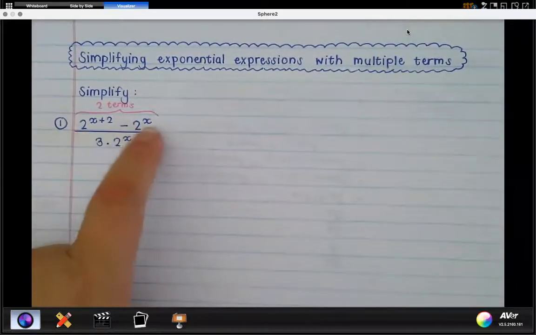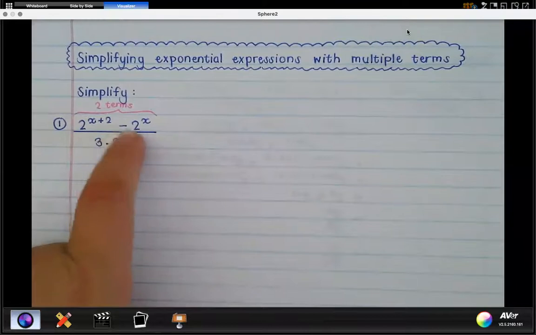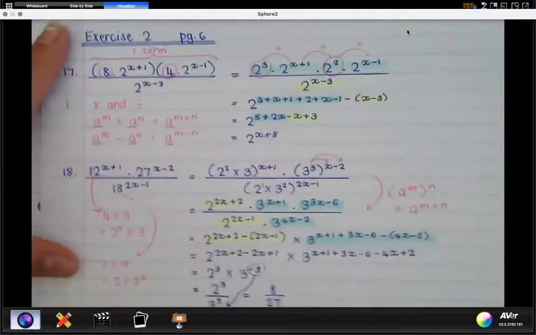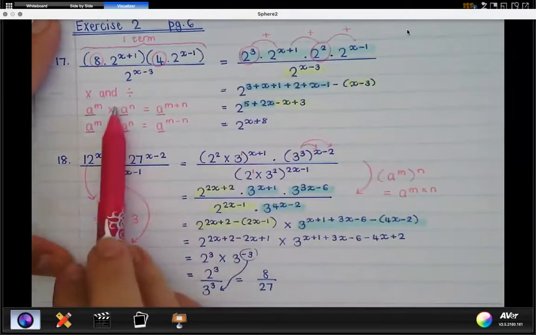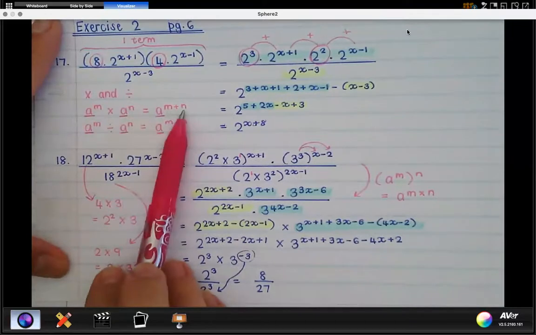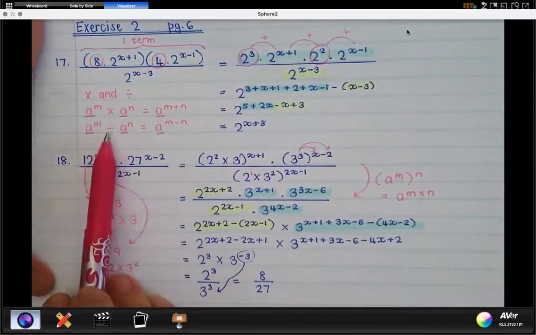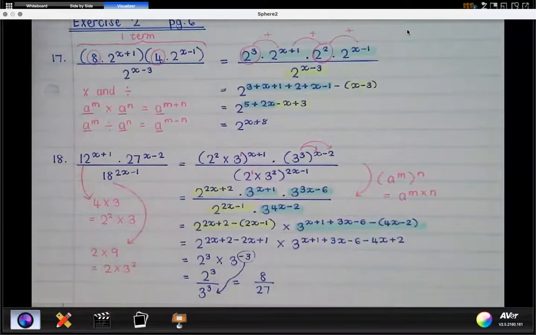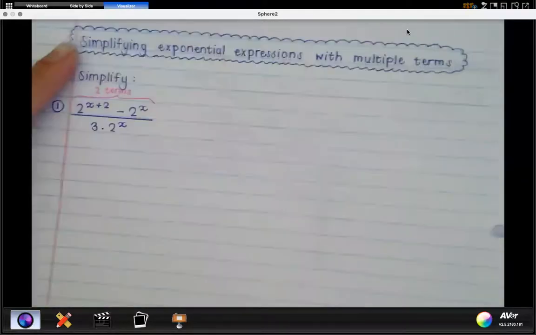You have the same bases and you are actually adding or subtracting the powers. There's no law for that. The law that we were using on the previous page was when you are multiplying them, then you can add exponents. When you're dividing them, then you can subtract the exponents. There is no law for adding or subtracting.